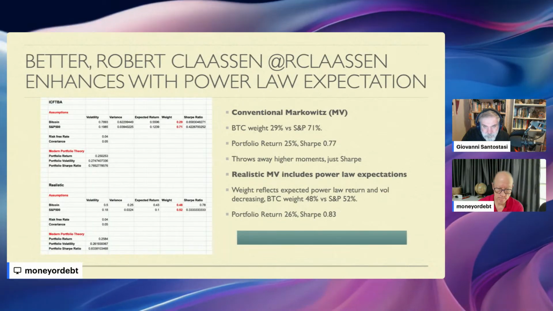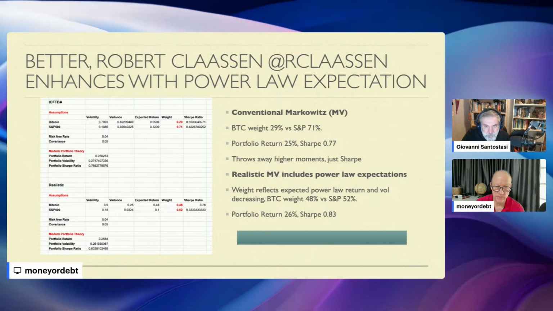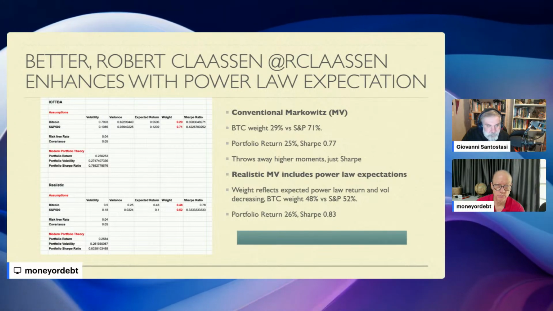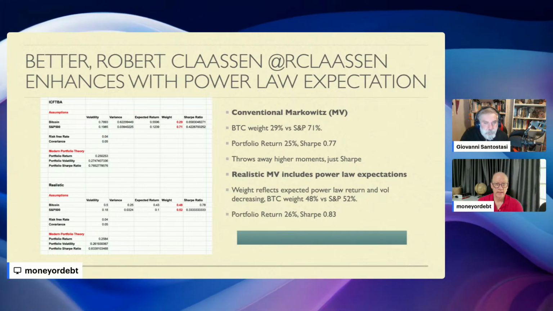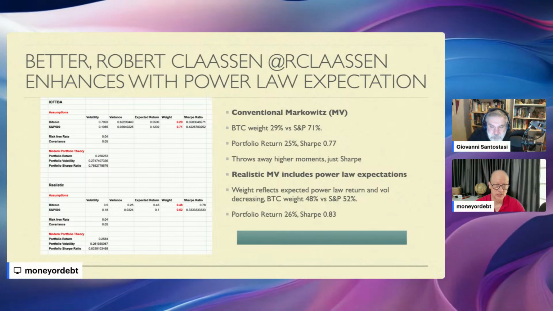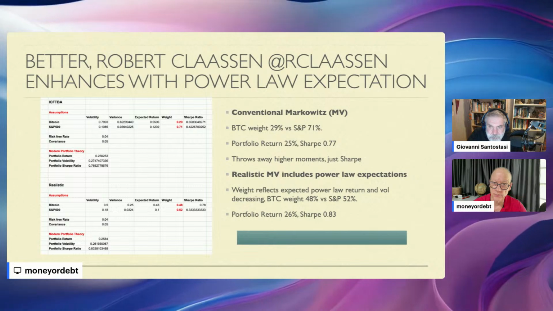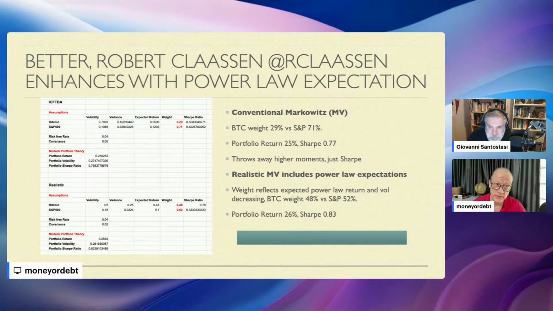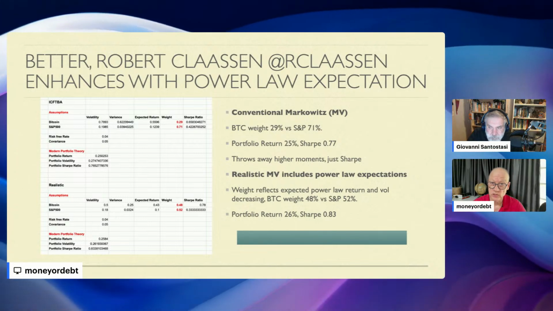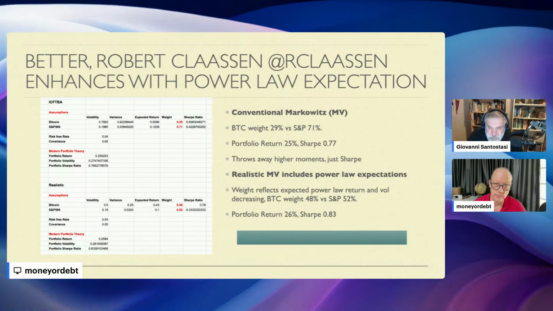Okay, now here's somebody on Twitter who responded to me with something, and it's partially relevant. They said that they were able to get a higher value using Sharpe analysis. If you take a generic Sharpe analysis, you end up comparing only to the S&P 500 with a 29% weight for Bitcoin, using the volatility, the variance and the expected return.